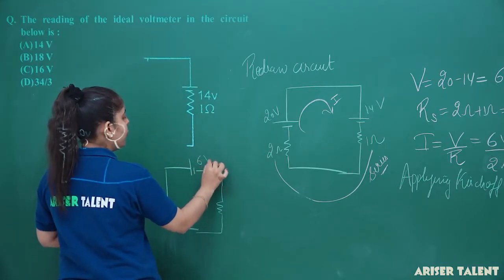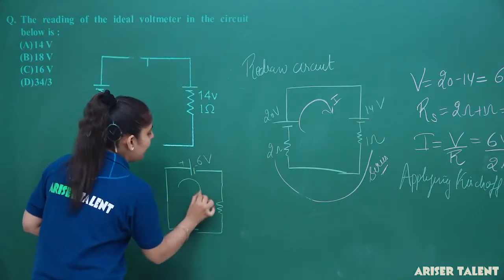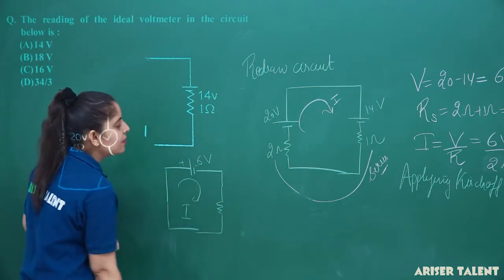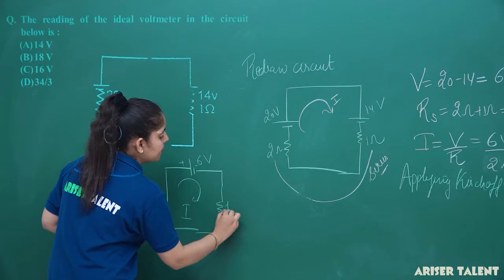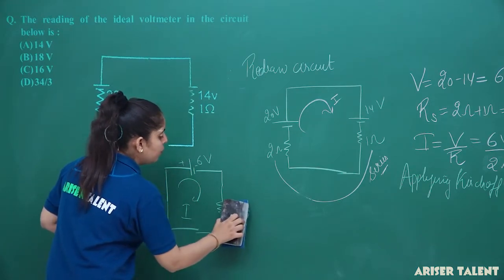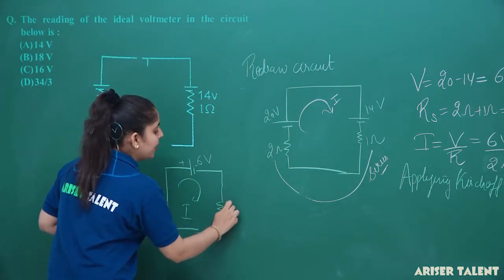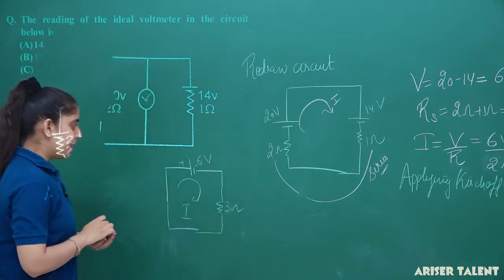This is our 6 volt as we have subtracted from here. I am taking the direction of current like this, and this is our 1 ohm resistance here. 2 plus 1 will give you the 3 ohm. So I am connecting the resistance in series like this.